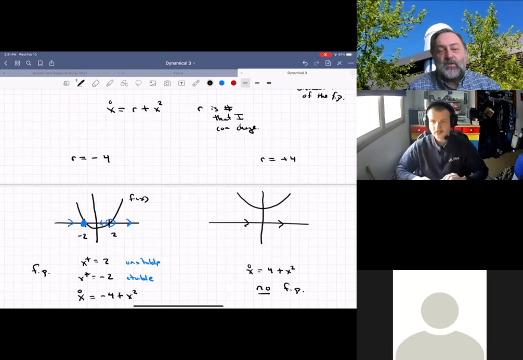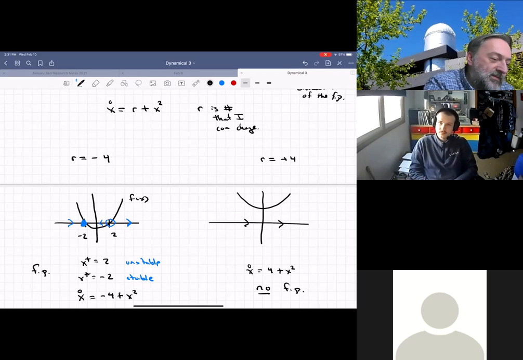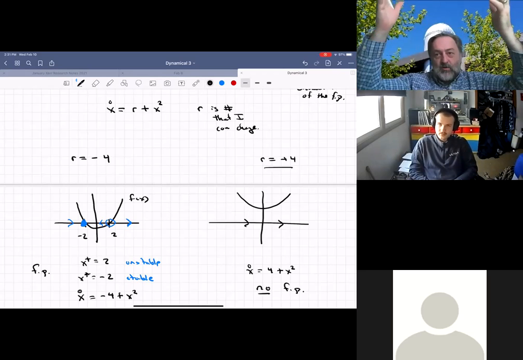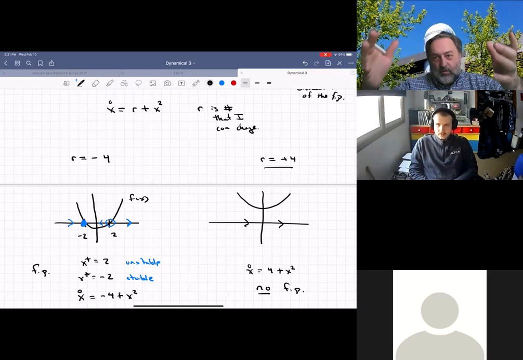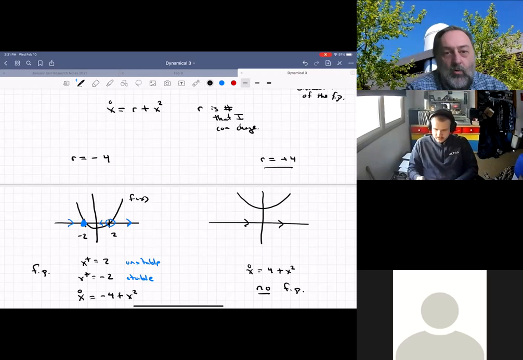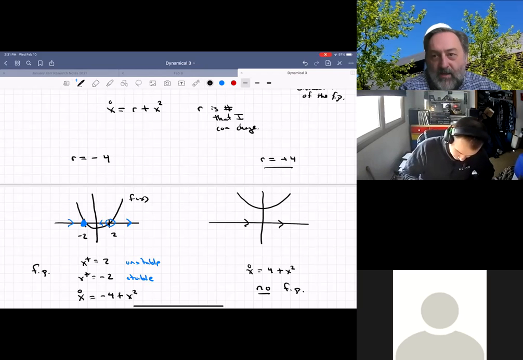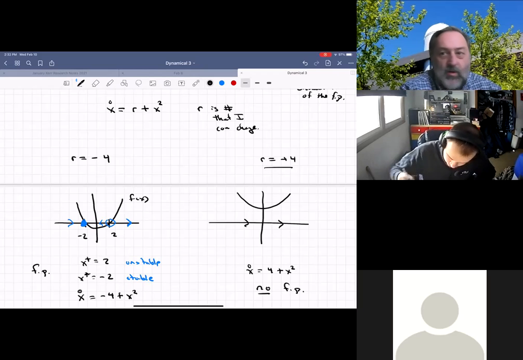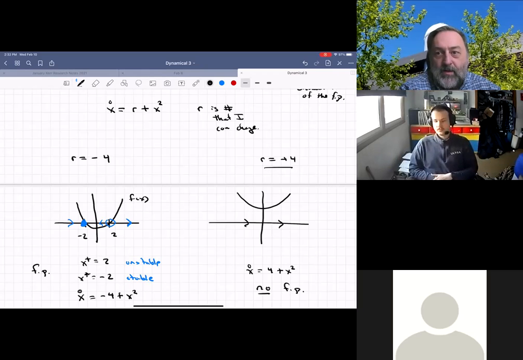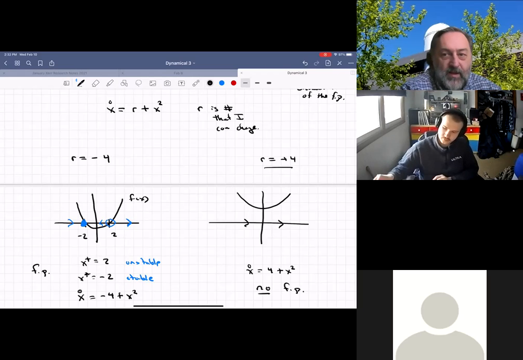Let's start with a positive value of r, and I decrease r until I get to 0, and then I keep going. So the flow changes in character. The flow used to always be to the right, but now the flow isn't always to the right. There's a pair of stable and unstable fixed points which show up. We have two fixed points that have been created as I go from positive r to negative r.